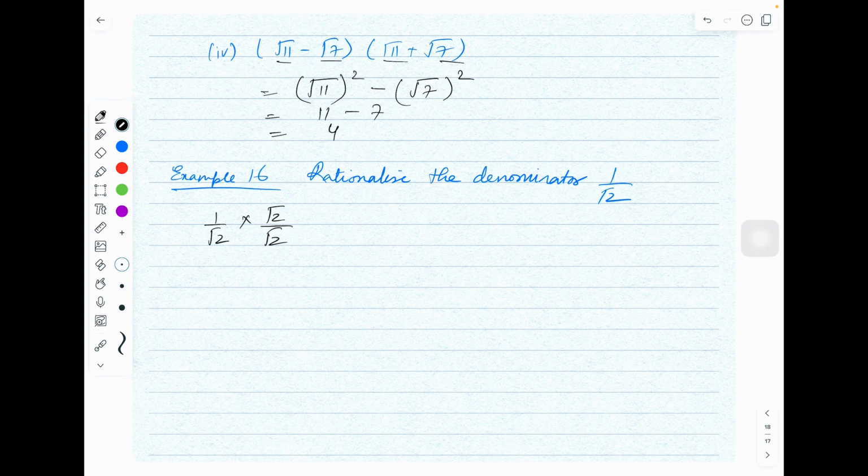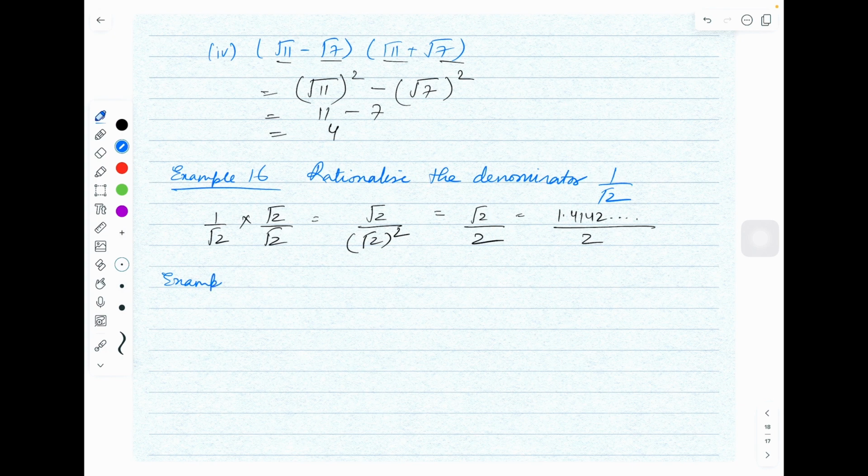To rationalize, if an irrational number is at the bottom, you multiply the same irrational number at the bottom and at the top also, means at the denominator and at the numerator also. So root 2 by root 2 whole square, this is root 2 by 2. So you can easily multiply. See, root 2's value is 1.4142, divided by 2. You can easily divide this number. So this is the rationalization part.